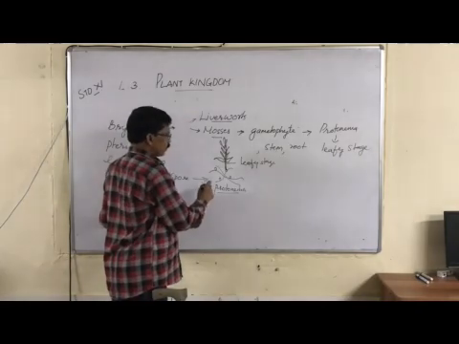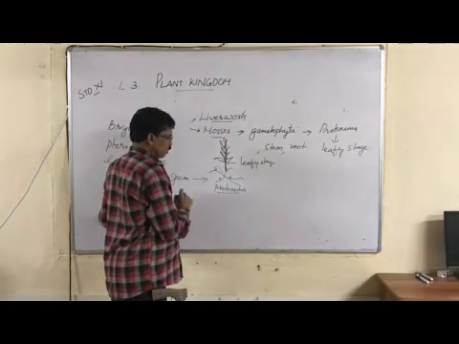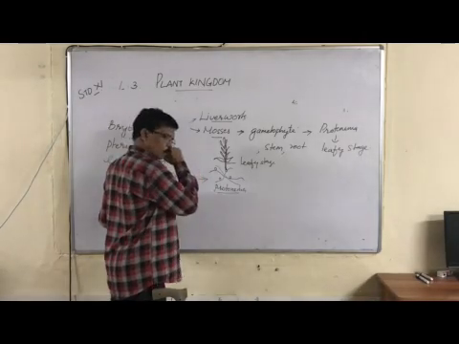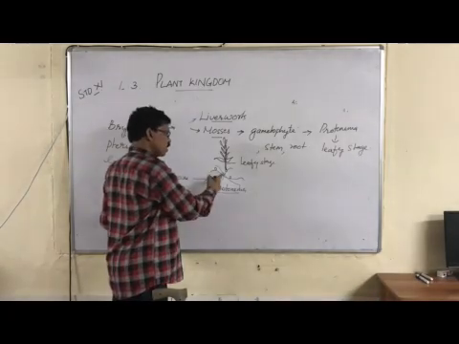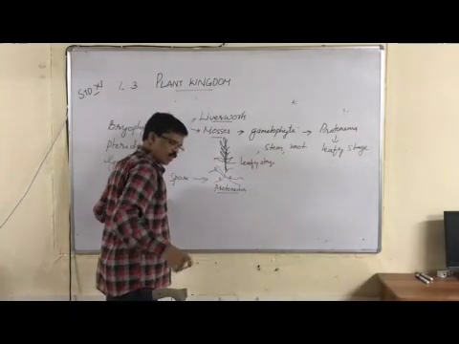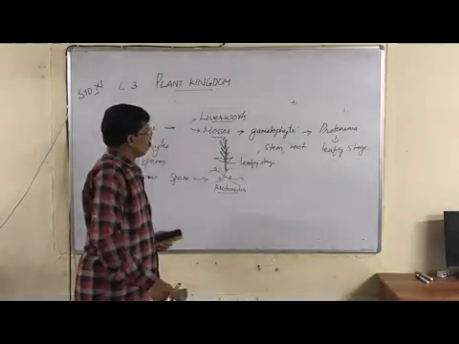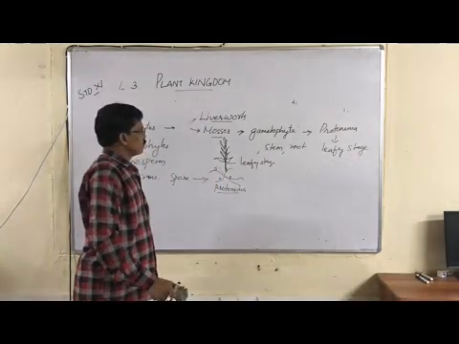Protonema is a filamentous and slender structure that produces protonemal buds, and from the buds the leafy stage develops. So the gametophyte consists of two stages in mosses: the protonemal stage and the leafy stage.